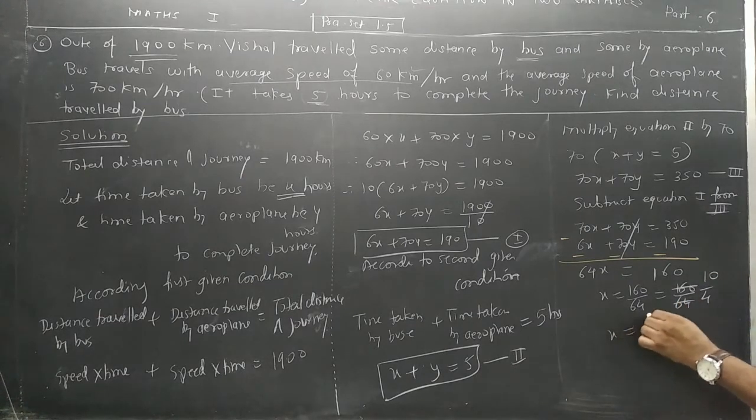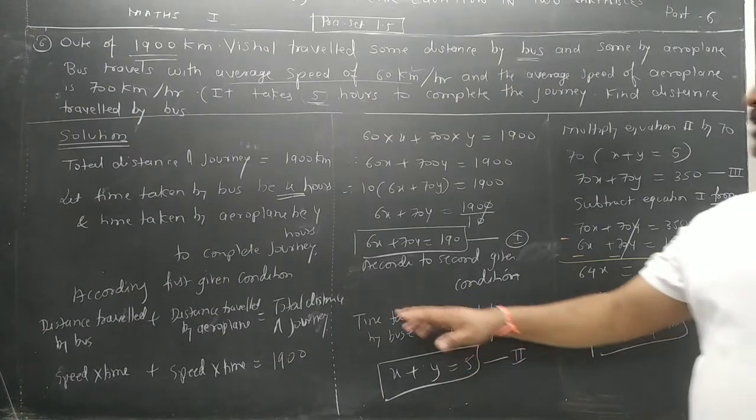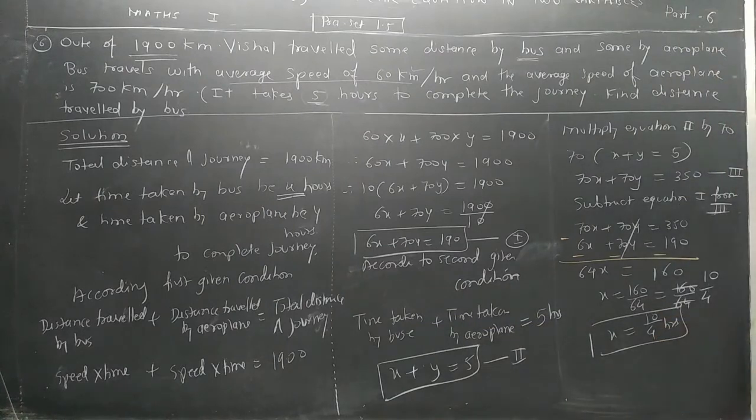So what you got now? See, we got the time taken by the bus. It is 10 by 4 hours, or you can take it as 5 by 2 hours, or you can take it as 2.5 hours. Okay.